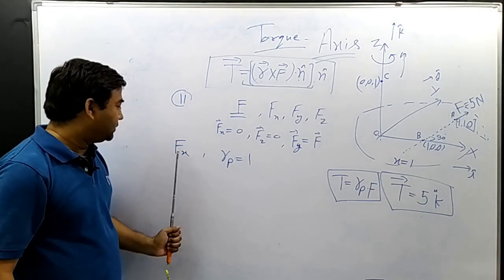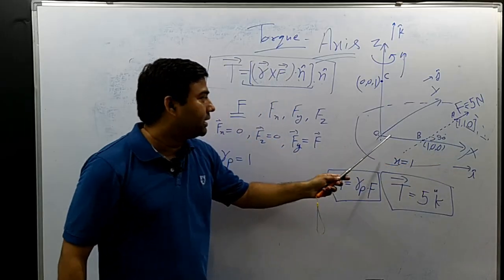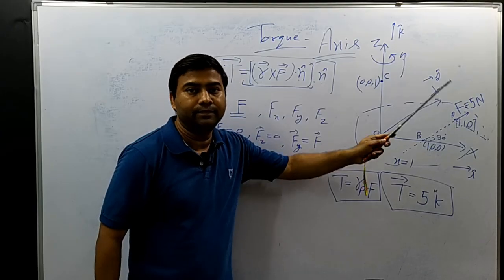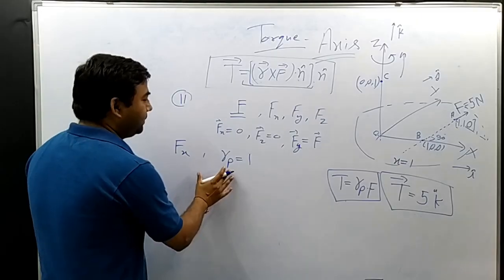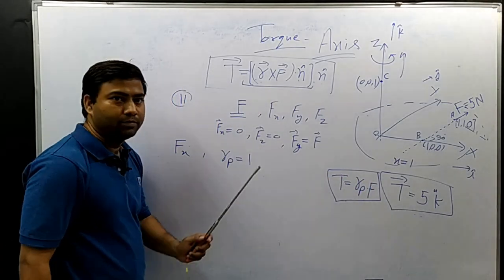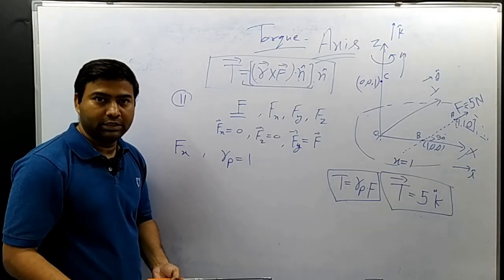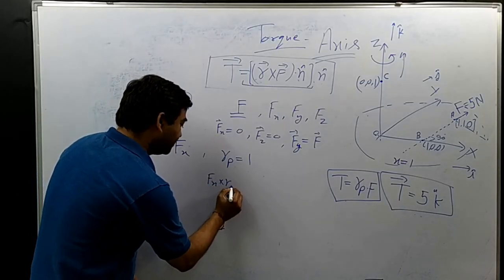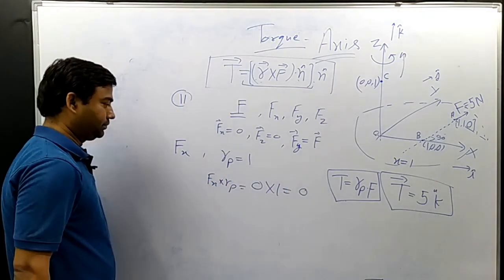So the perpendicular distance between Fx, the component of F along the x direction, and the z-axis will be the y coordinate of point A, that is 1. So torque by the formula Rp into F you can find. This formula is valid because here also the force and axis are perpendicular to each other. So torque is Fx into Rp, which is 0 into 1, equal to 0.